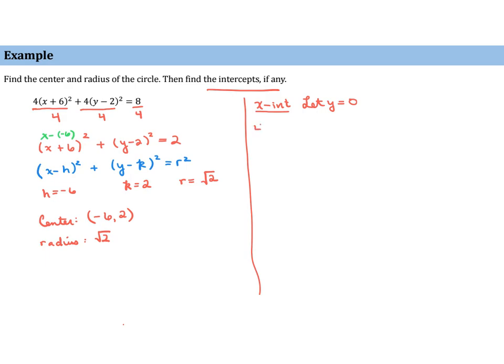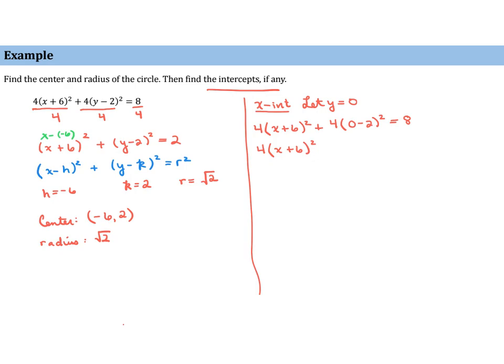So we would have 4 times the quantity x plus 6, quantity squared, plus 4 times 0 minus 2, quantity squared, equals 8. So this means 4 times x plus 6, quantity squared.